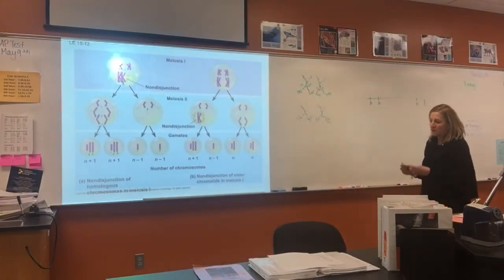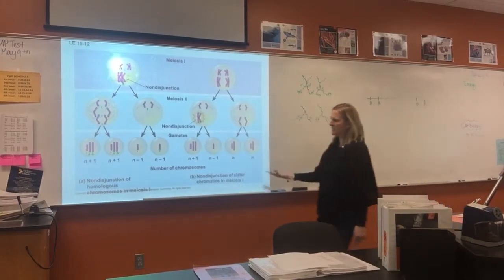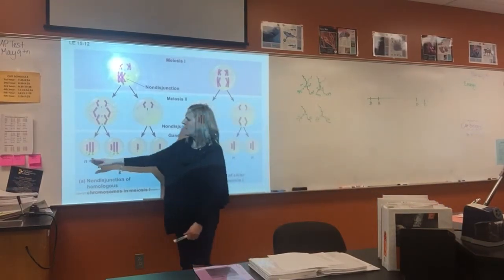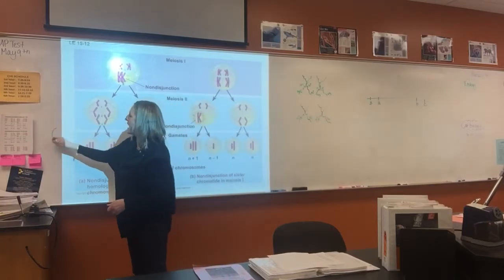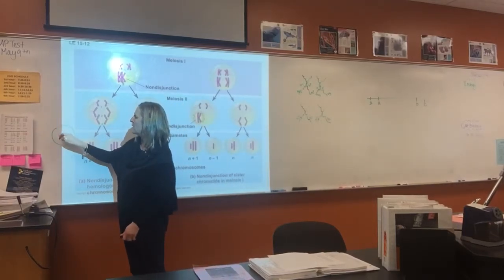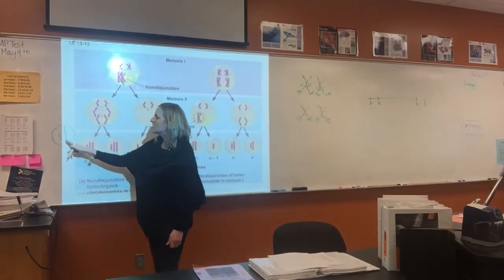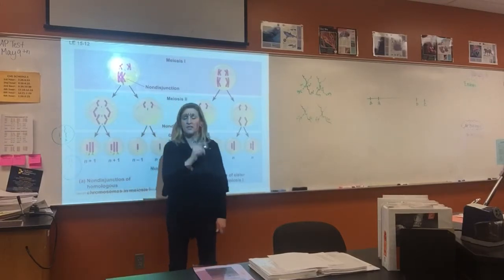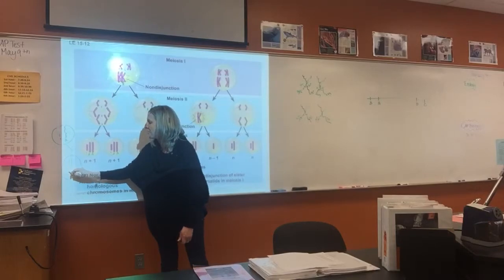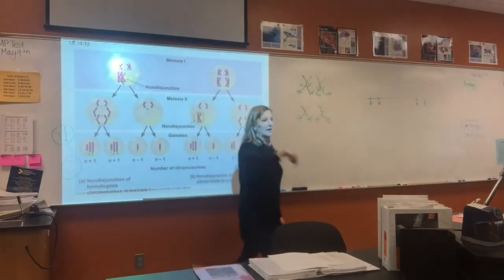So therefore, let's say this is the mom and a mistake occurs there, and the dad went through meiosis properly, so he has a chromosome number 1 and a chromosome number 2. Look at what happens when this egg is fertilized. The baby is going to have 2 chromosome number 1s, we're good there, but the baby's going to have 3 chromosome number 2s because mom gave 2.